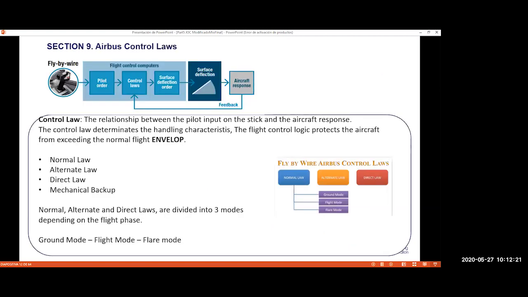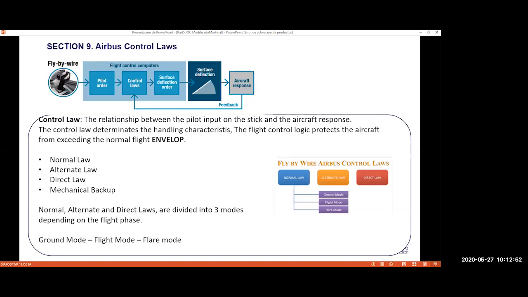Remember that when we move the side stick, this input goes through some computers. The computers analyze that signal and then it goes to the control surface. Inside the computers there are programs, as I said before.